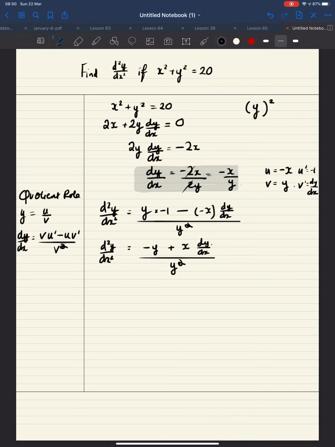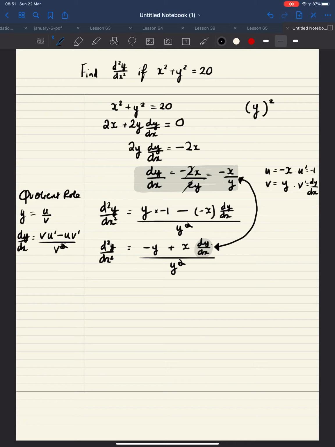Now, this dy by dx I've done in grey deliberately because it matches up with the dy by dx there. That one tells us that dy by dx is minus x over y, so we can replace this dy by dx by minus x over y.